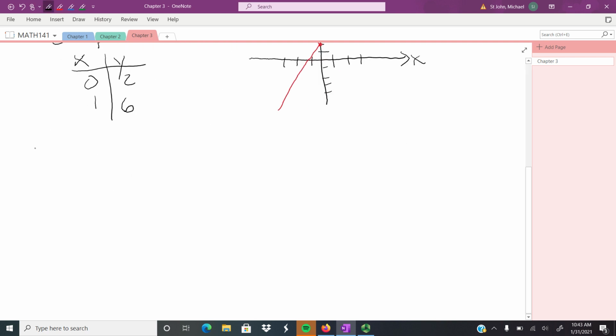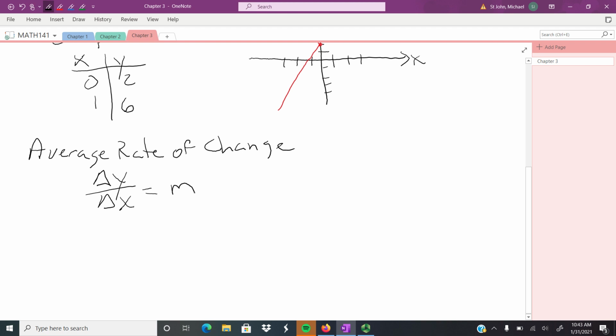So we can talk about the rate of change, the average rate of change, which is the change in y over the change in x, which again is our slope.